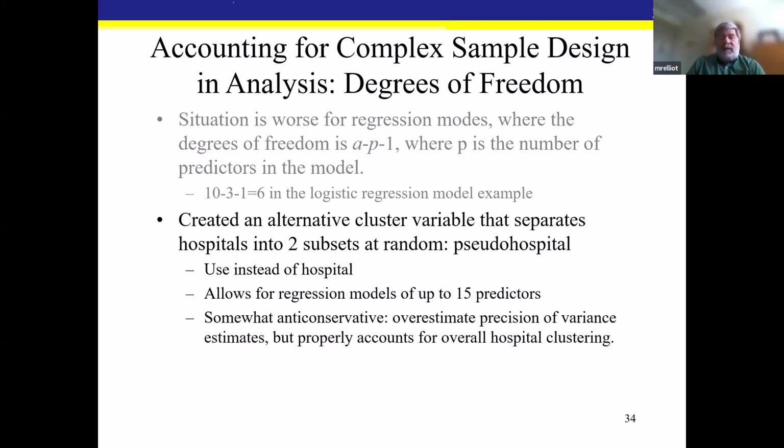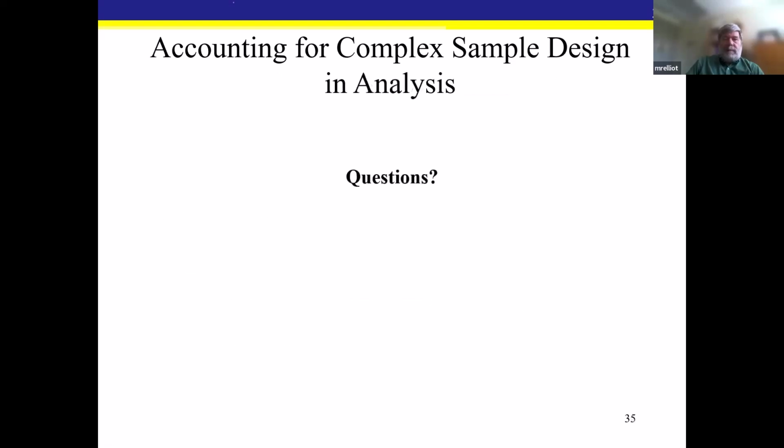It's somewhat anti-conservative in the sense that it might overestimate the precision of the variance estimates, but maybe not by much, and in practice, maybe not at all. But it does properly account for the overall hospital clustering. So in some sense, this is a somewhat conservative way of estimating degrees of freedom. So taking this back a little bit is probably not too bad.